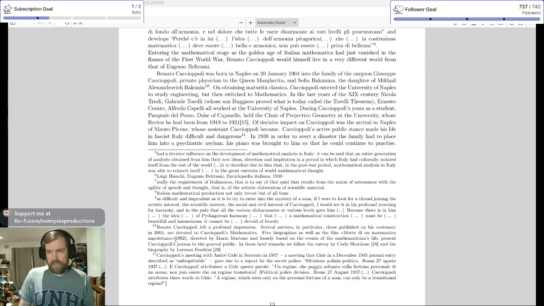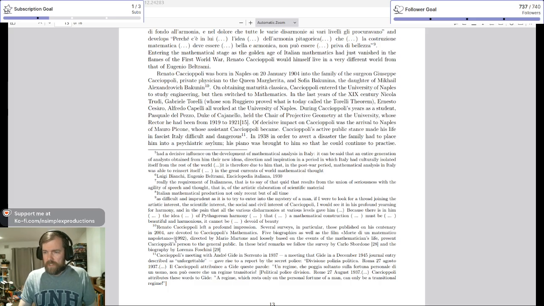During Cacciopoli's years as a student, Pasquale del Pezzo, Duke of Cajanello, held the chair of projective geometry at the university, whose rector he had been from 1919 to 1921. Of decisive impact on Cacciopoli was the arrival to Naples of Mauro Boccone, whose assistant Cacciopoli became.